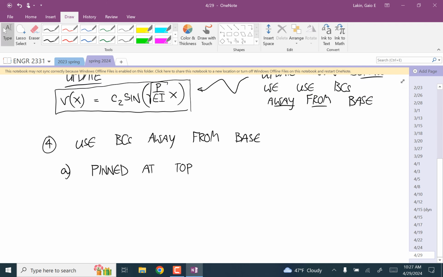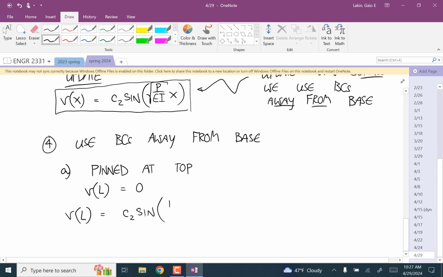Now we're going to say that the deflection at x equals L is equal to 0. And so V at L is equal to C2 times the sine of square root of P over EI times L, and that's equal to 0.